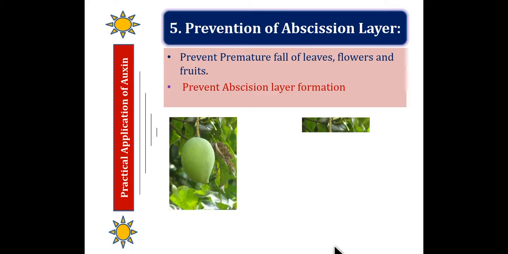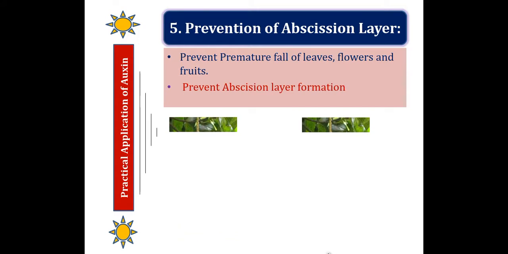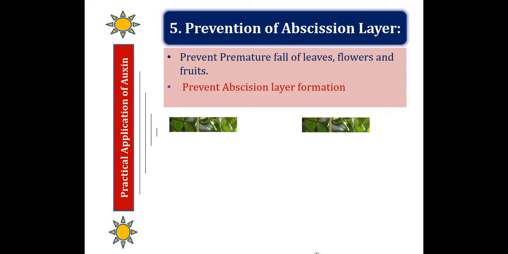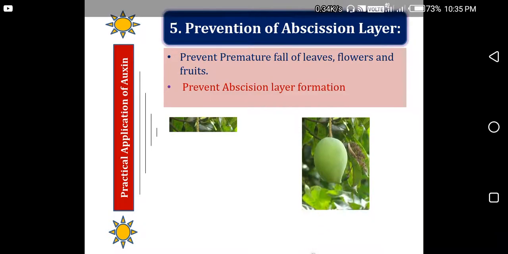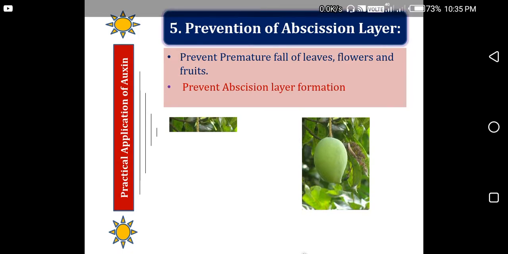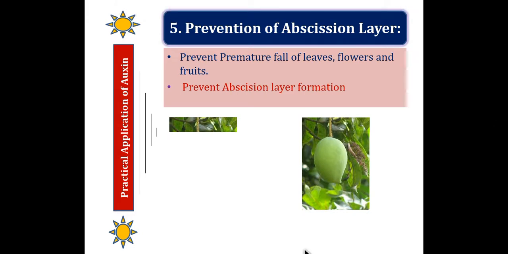See here, the fruit fall takes place due to the formation of the abscission layer, but the auxin prevents the abscission layer formation, and therefore the premature fall of leaves, flowers, and fruit does not take place.